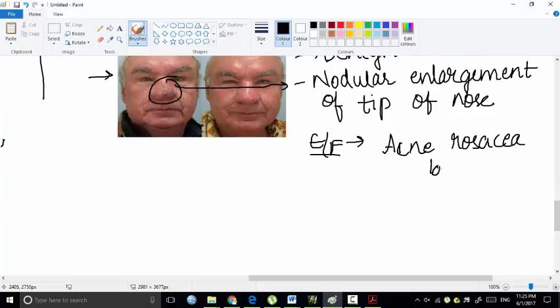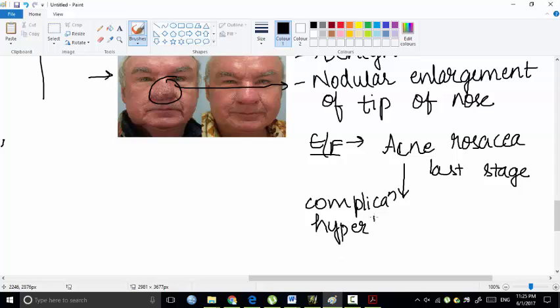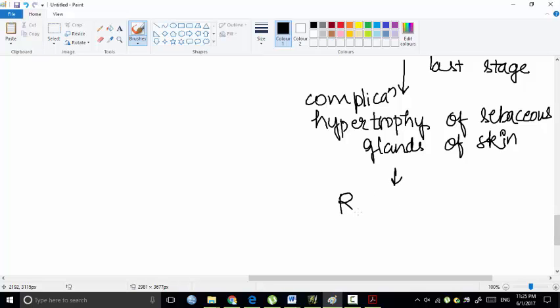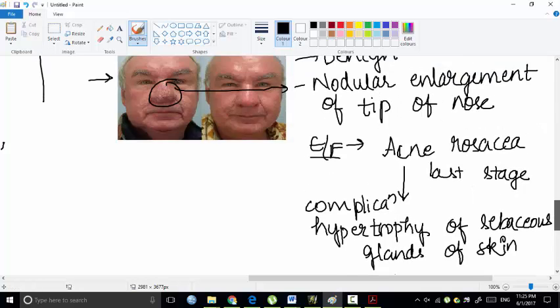When this is in the last stage, this may lead to a complication, which is hypertrophy of sebaceous glands of skin. If this hypertrophy of sebaceous glands of skin occurs at the tip of the nose, then it is called Rhinophyma, right, or elephantiasis of nose.